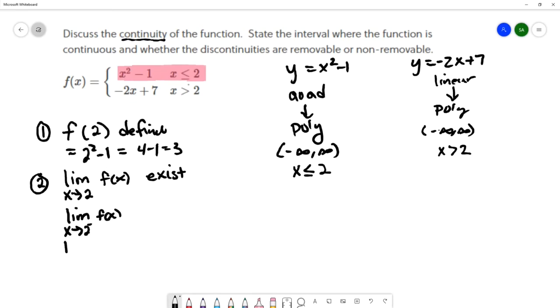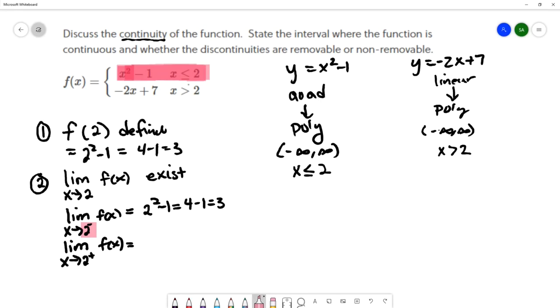And we're also going to look at the limit from above, the limit as x approaches 2 from above. Now when we have x's that are below 2, we're going to use that first equation. That first equation says that x is less than 2. So when we're below 2, we need to use that equation to find this limit. So that's going to be 2 squared minus 1. 4 minus 1, which is 3.